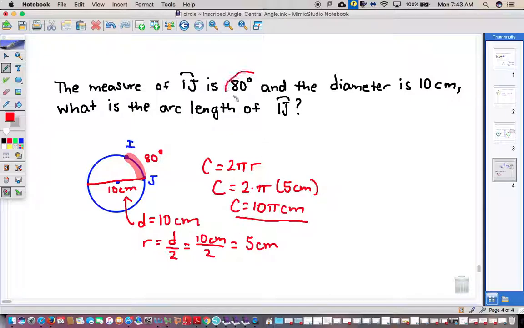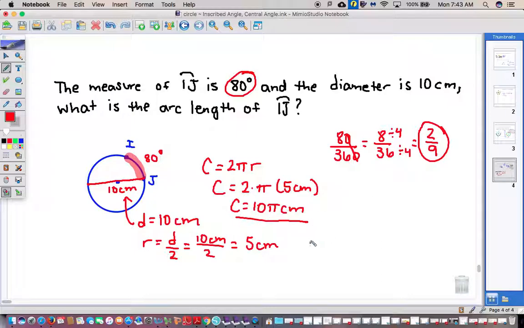Now I need to determine what part of my circle is 80 degrees. So I'm going to say 80 divided by 360. These are going to cancel, so I have 8 over 36. And I don't have a calculator on me, so I'm going to divide by 4 and divide by 4. So 2/9. So I know I'm looking for 2/9 of 10 pi centimeters.